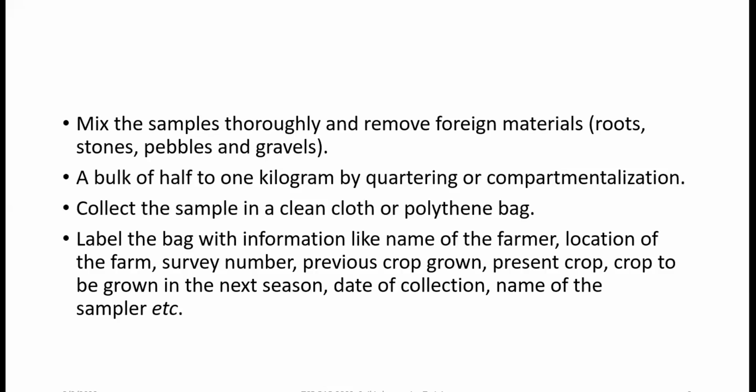Also, if you want to measure micronutrients, you should avoid using a container made of the same metal. For example, for iron, the container should not be made from iron. You have to label the bag or the container with information like name of farmer, location of the farm, survey number, previous crop grown, and present crop.